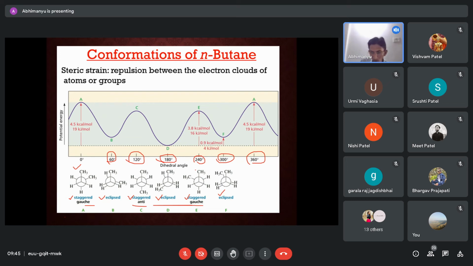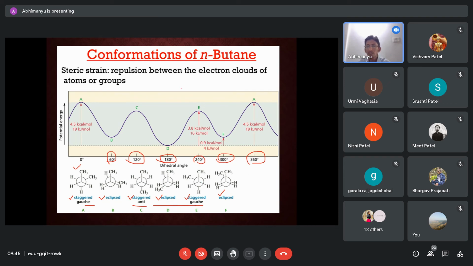And therefore the staggered structures have the higher potential energy, and potential energy means what? The stability is the higher.